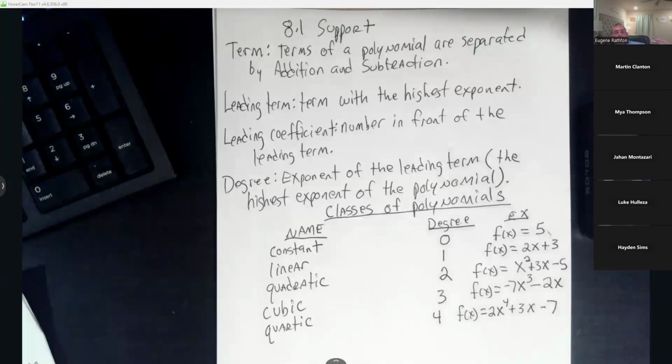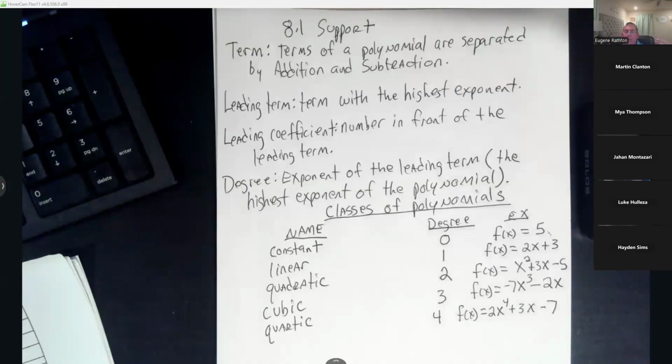Are y'all going with quadratic, cubic, linear, constant, or quartic? All right, quadratic. There you go. Exponent 2s are quadratic. That's what we've been doing with them x squareds, right? Those were quadratics, okay?